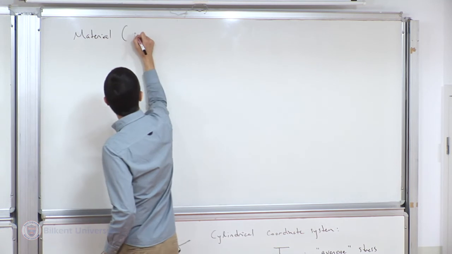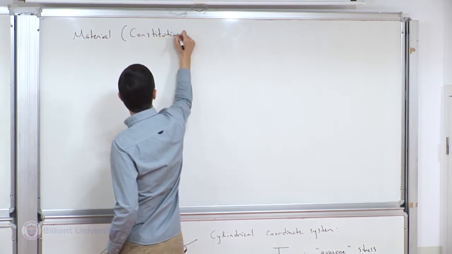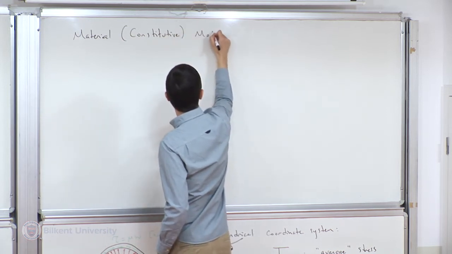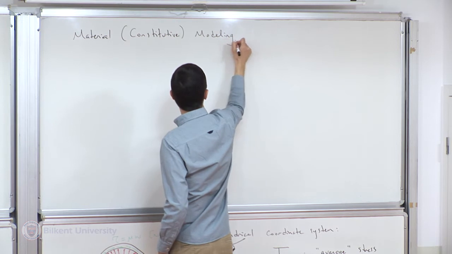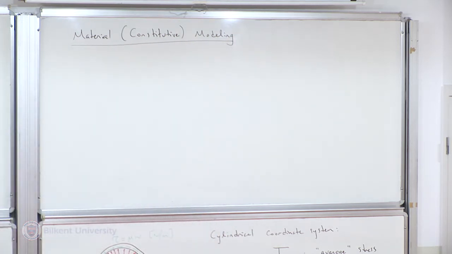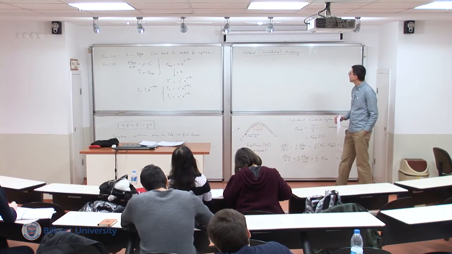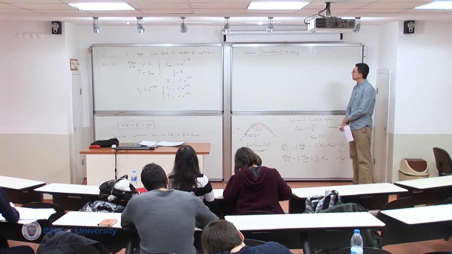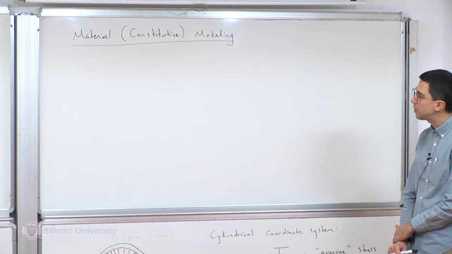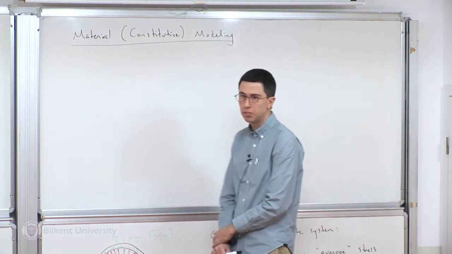It's also called constitutive modeling. And this is the last subtopic of this chapter. So we're going to try to model how the material responds to stresses. That's the meaning of material modeling.